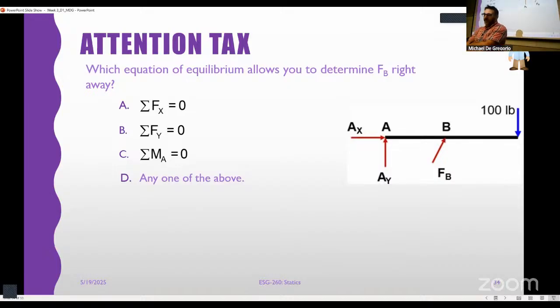What allows you to get FB immediately? We think A, B, C, D. Throw them up.